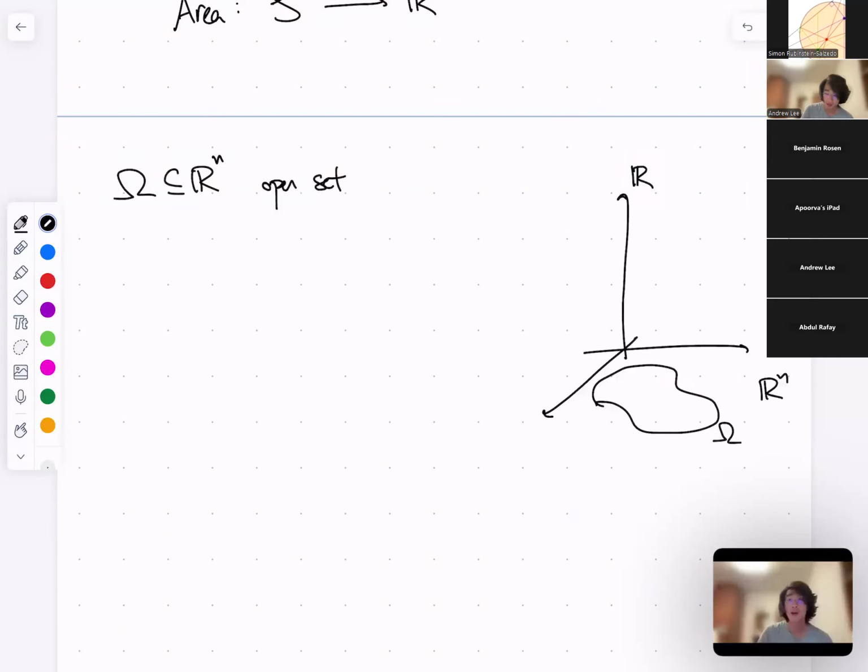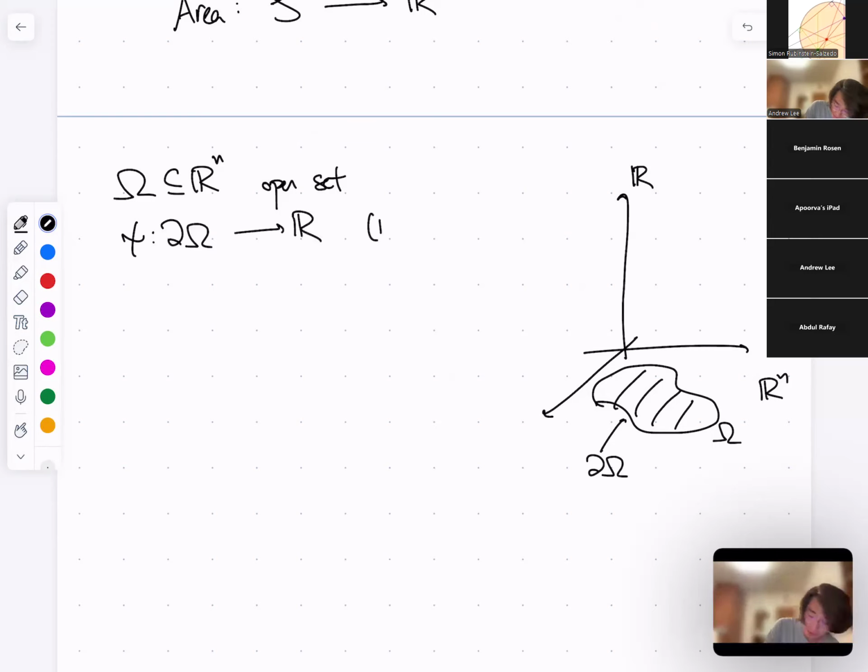And then I have a function phi. So omega is the inside, and I have this boundary, which I denote del omega. I have a function phi, which determines my boundary conditions. So the graph of phi should look something like this.